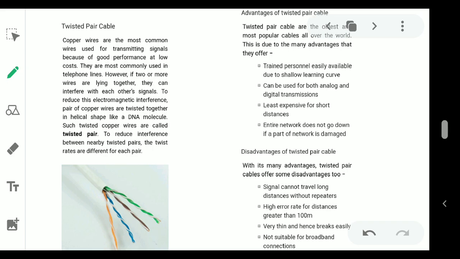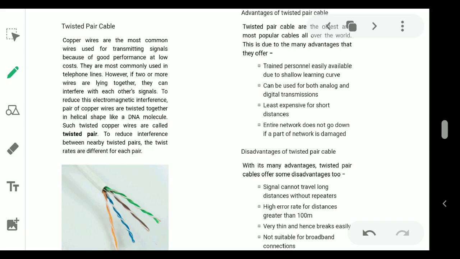Okay, so what is the use of this kind of cable, the twisted pair cable? In network communication, UTP cables are used in a star topology LAN with the Ethernet protocol. Okay, so what are the advantages of that?